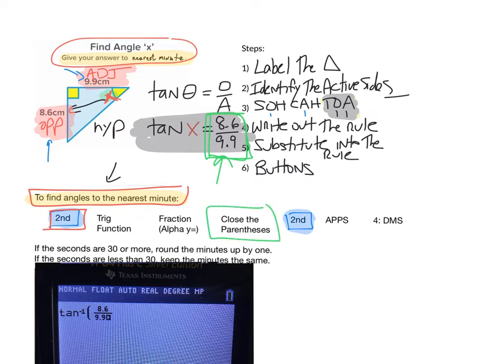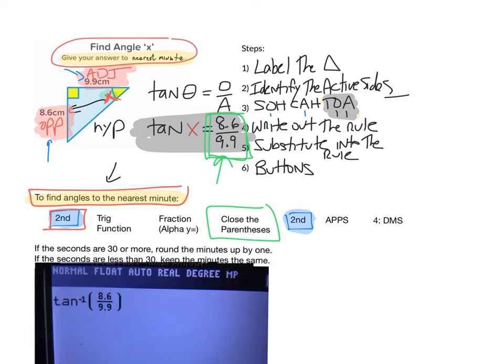Then we want to close the parentheses. So move the cursor out from the denominator, press to the right, close the parentheses. Then we want to press second and then the apps button.